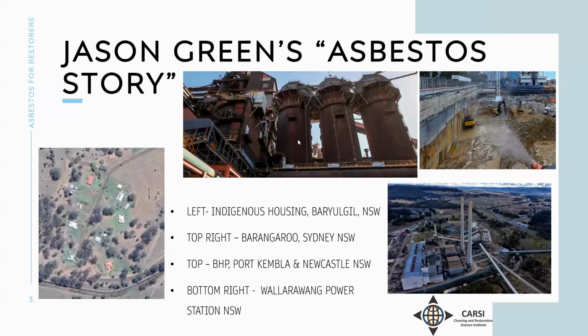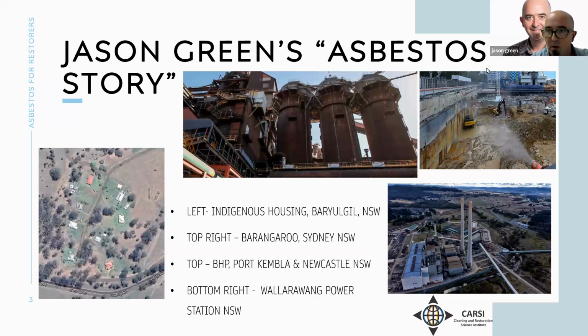The one at the top there is a massive steel works. I've worked at a lot of industrial sites over the decades, assisting and supervising asbestos removal projects. These are massive boilers on a BHP site.